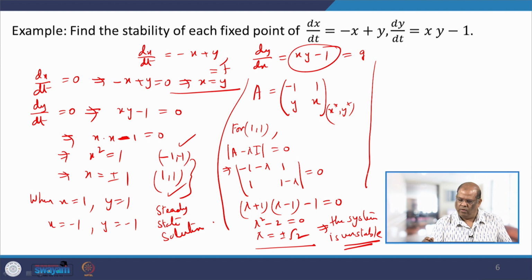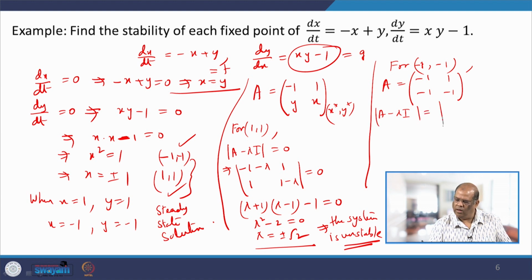Let us check what happens for minus 1 and minus 1. In that case, your A value will be minus 1, 1, minus 1, minus 1, and your A minus lambda I will be minus 1 minus lambda, 1, minus 1, minus 1 minus lambda, and this is equal to 0.